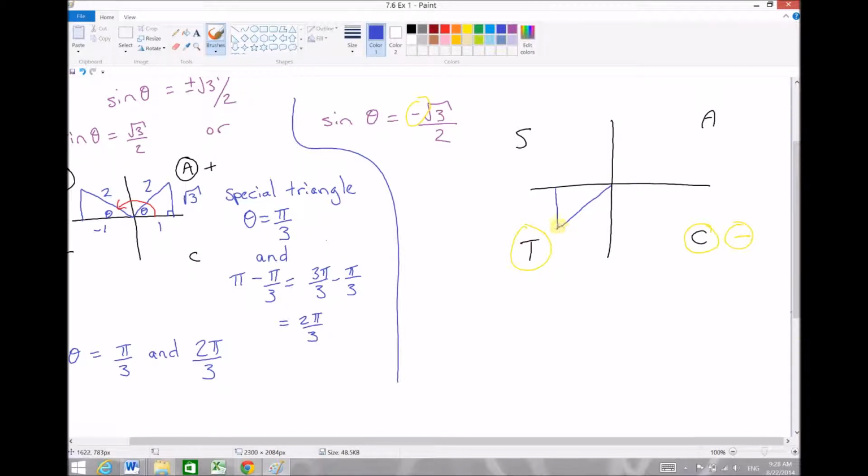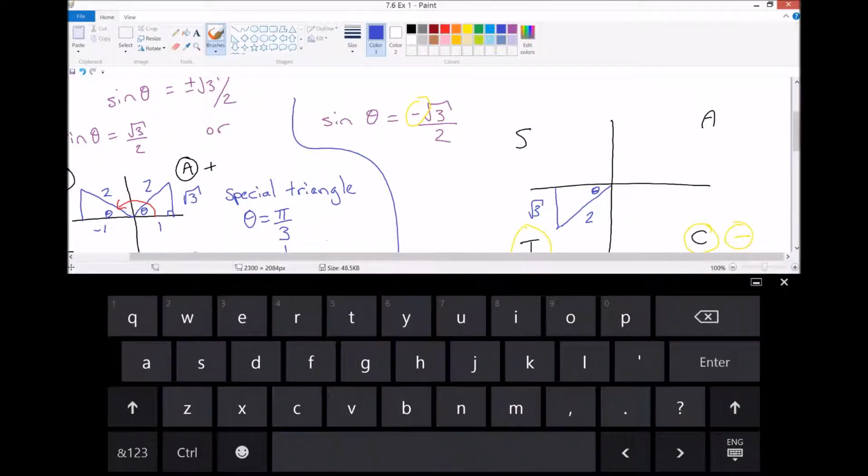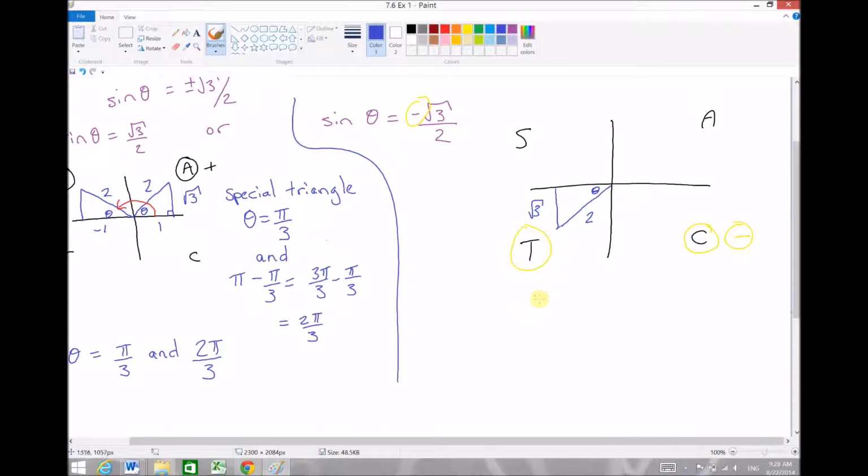We draw a special triangle. We're missing something here. One of these values is not quite perfect. What's missing?